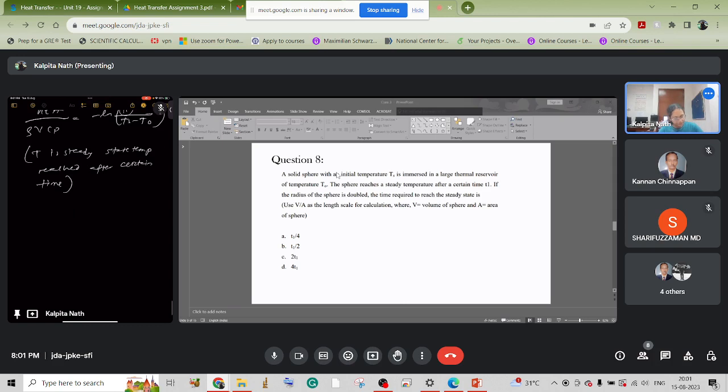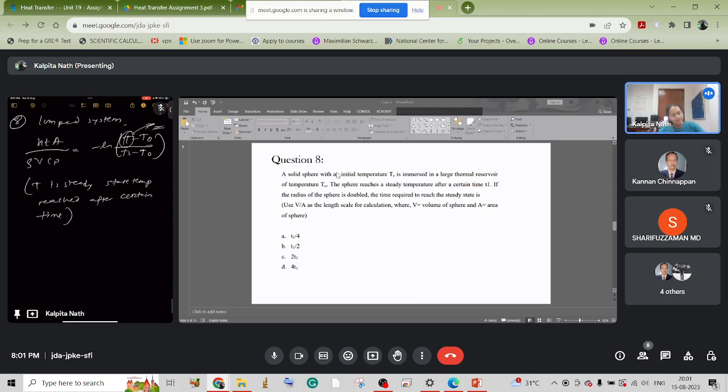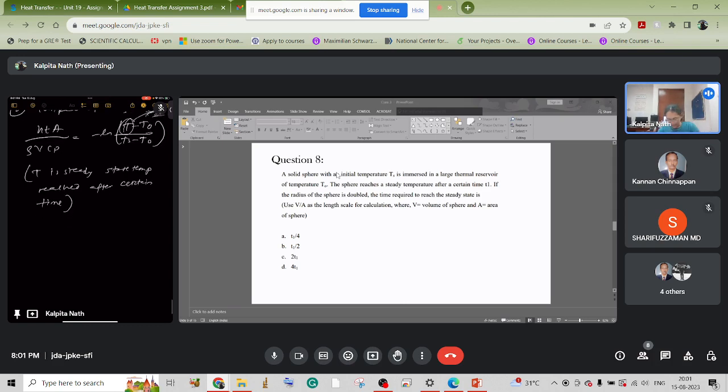Now, this temperature will be the same for the first case and the second case, right? So first of all, let us find the characteristic length of the sphere. For a sphere, A by V, that is the inverse of characteristic length, is equal to 3 by R, which we have already calculated earlier.